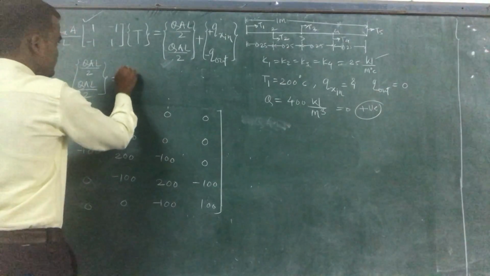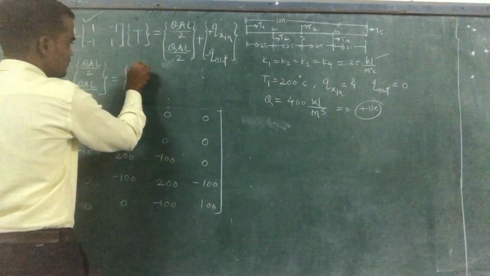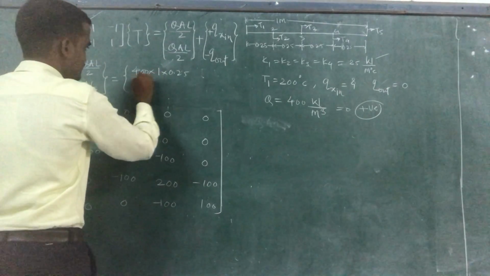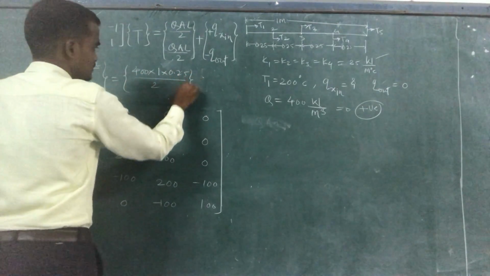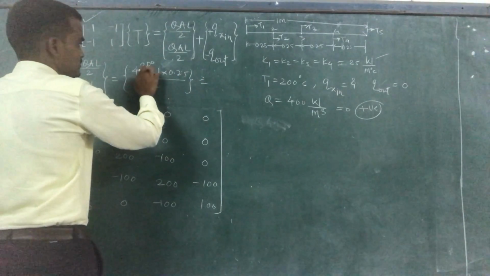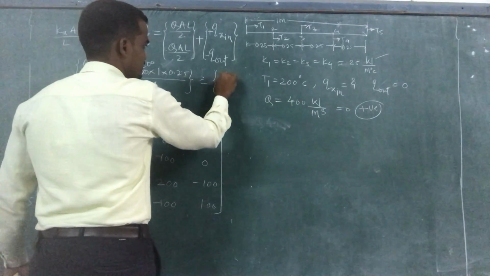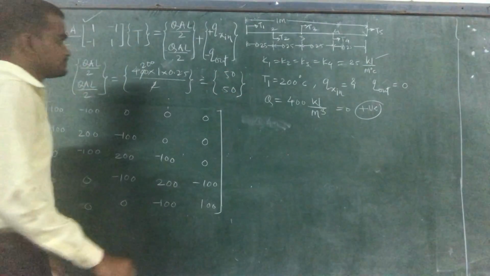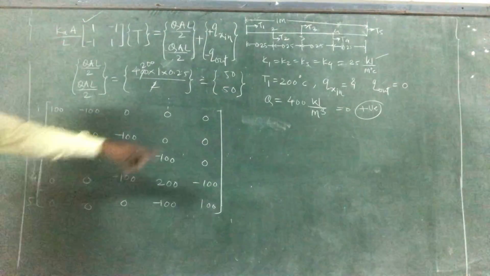So this will become equal to Q is nothing but 400 into area is 1 into length is 0.25 divided by 2. So this will become equal to 50 and 50.